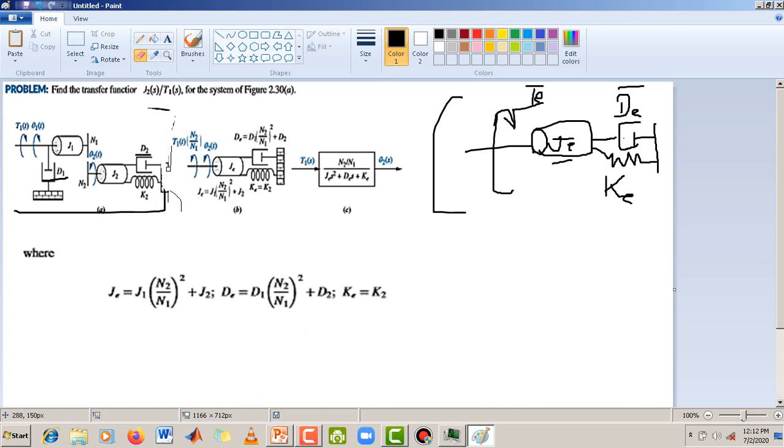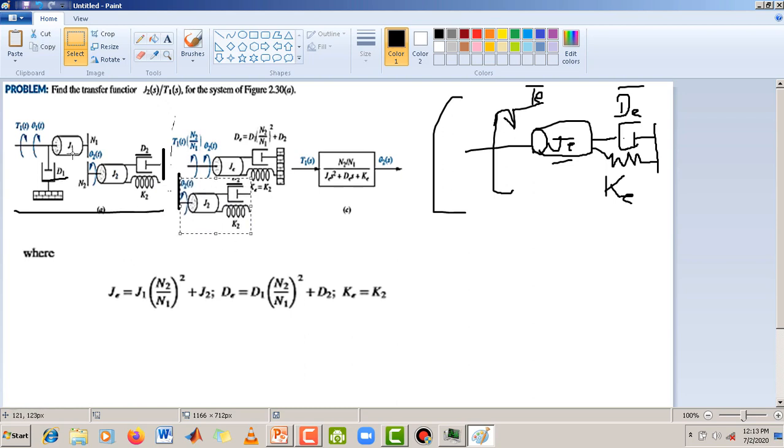Instead of this wall, let's say there is a gear, and this gear is N2, N3, and further it is connected to another system of the same thing. Let's say the same thing over here is connected to this side as well. So now you will have to find three.